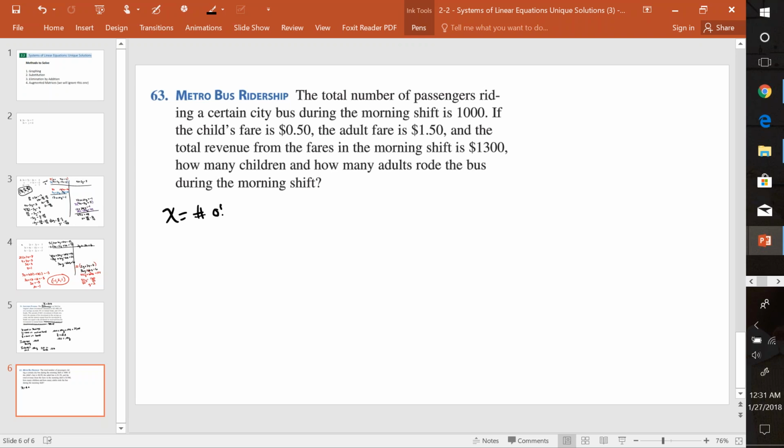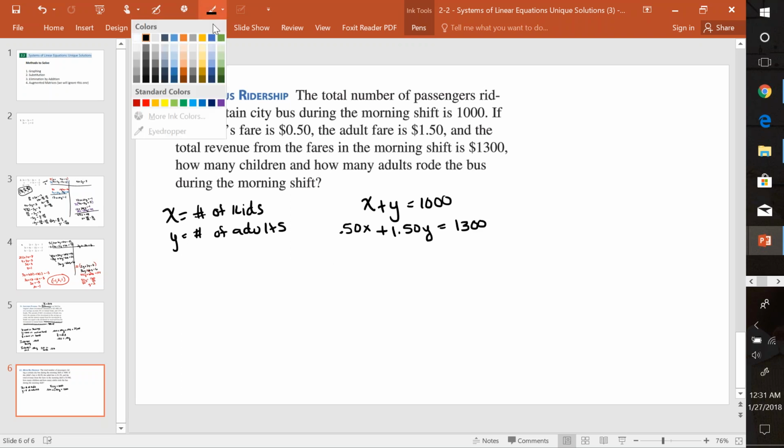X is going to be the number of kids on the bus, and Y is going to be the number of adults. Since we know 1,000 people were on that bus, that's X plus Y equals 1,000. The prices have to do with each one of them too. Every child had to pay 50 cents. Every adult had to pay $1.50, and they collected $1,300 in money.